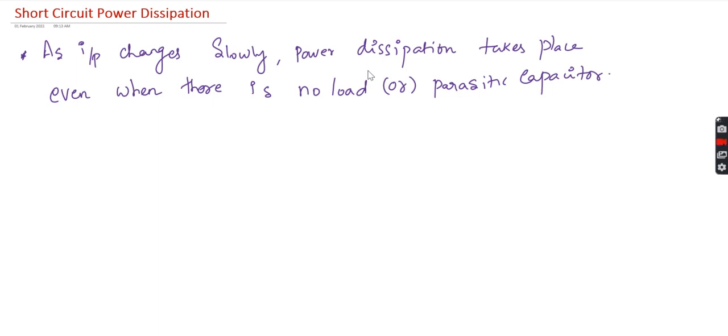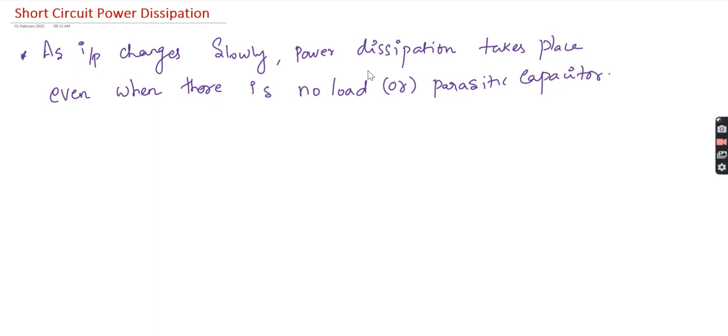So this will happen due to rise time and fall time. When there are some finite rise time and fall time at the input of CMOS logic gates, both the PMOS and the NMOS transistors are simultaneously on for some certain duration. For example, in the CMOS inverter, when both the transistors are on, Vin will be equal to VDD by 2.